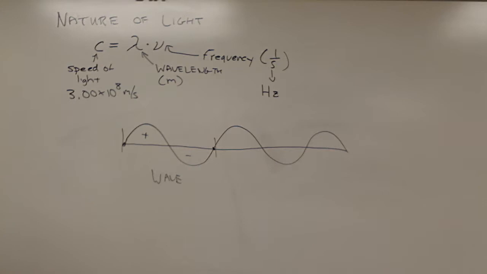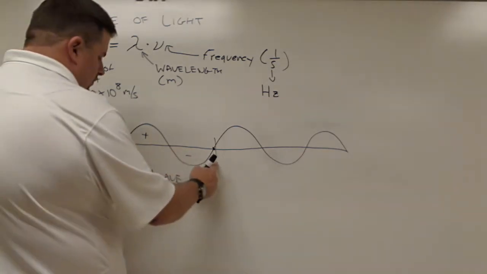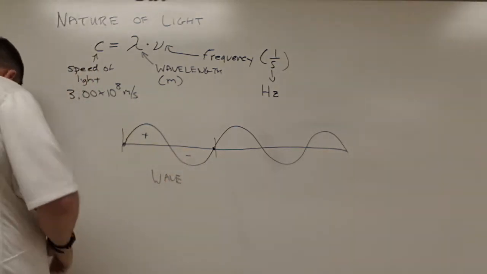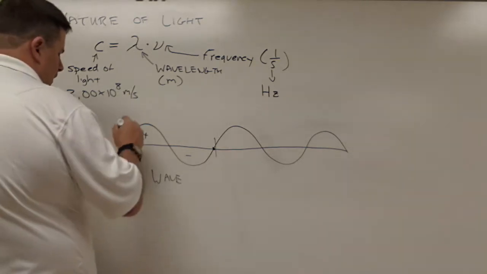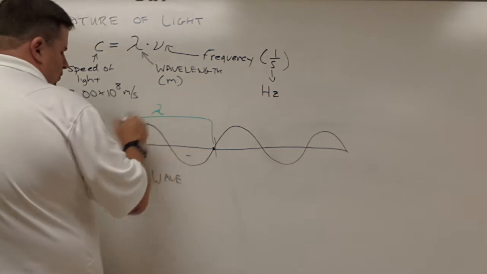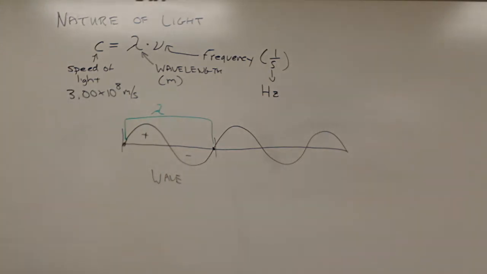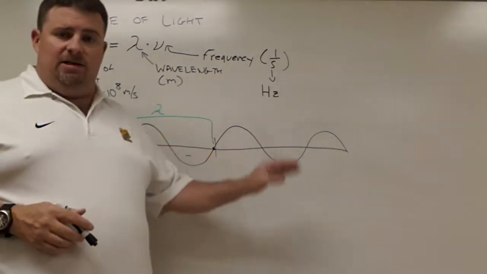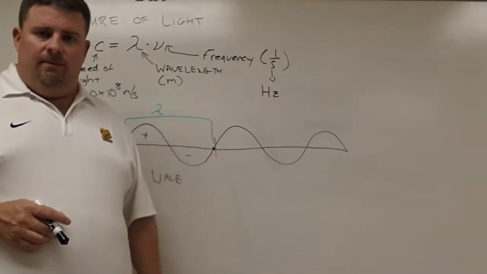So the wavelength is how long one of these terms is. Okay? So that's a wavelength. Frequency depends on how fast the wave is moving past a certain point. Okay?